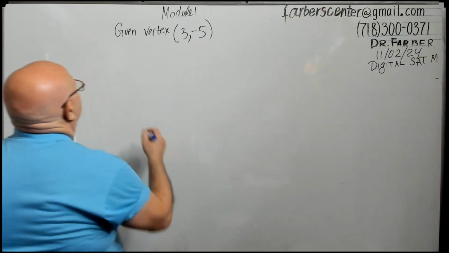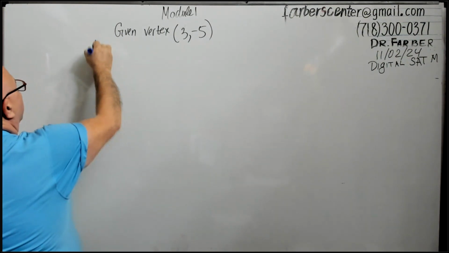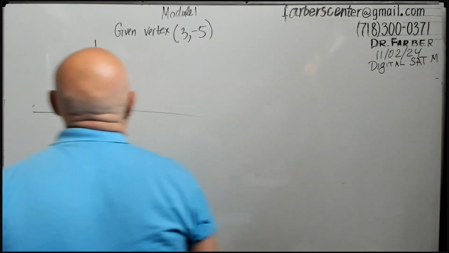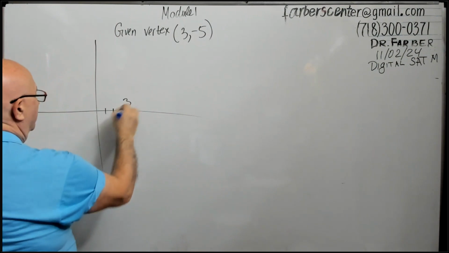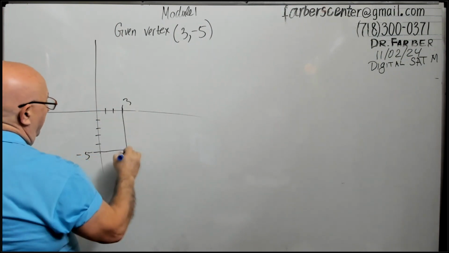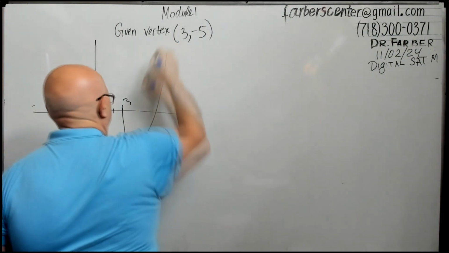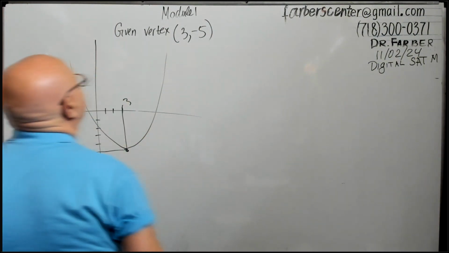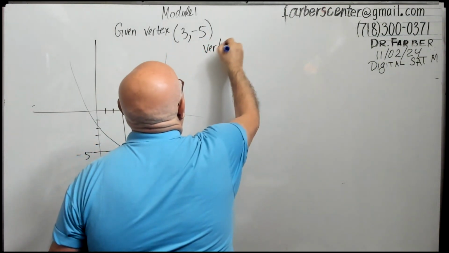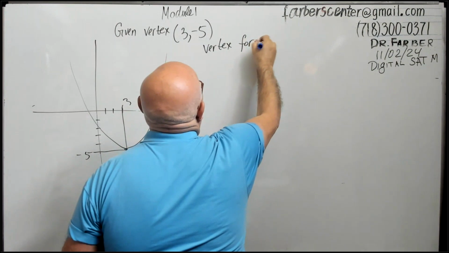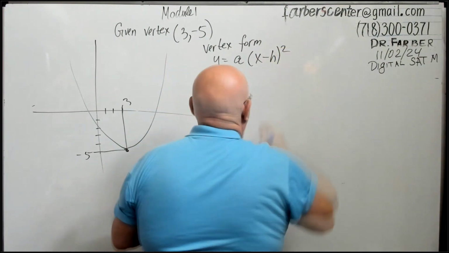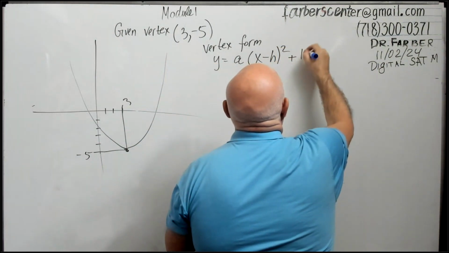And I can even depict this somewhere, a parabola like this, in vertex form. If this is (3, -5), pretend this is 1, 2, 3, and 1, 2, 3, 4, 5, -5. Schematically, this vertex and the parabola goes like this, somehow. And you know the parabola in vertex form: y equals a(x minus h) squared plus k.